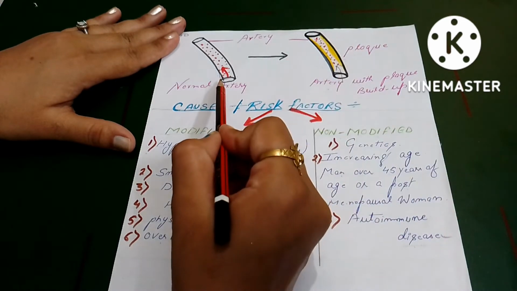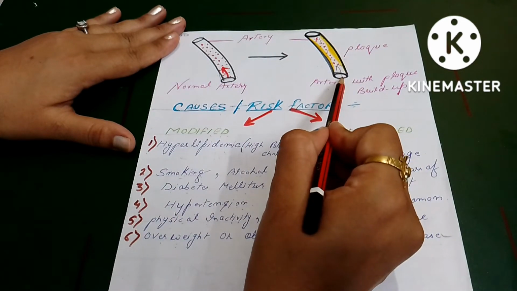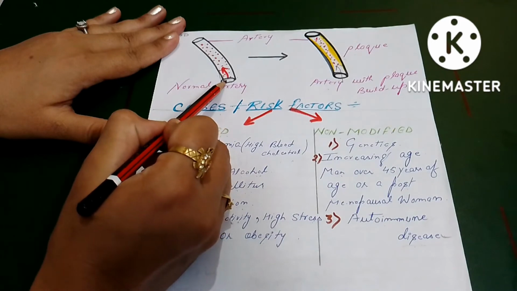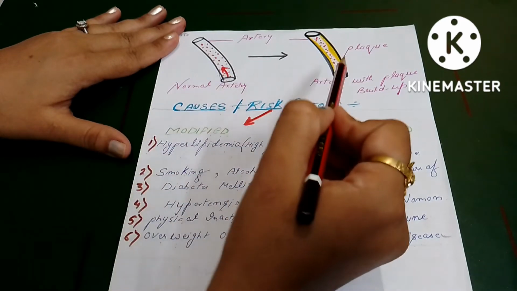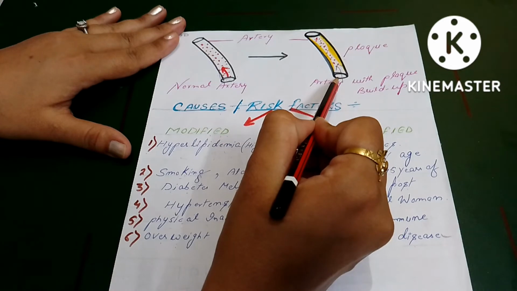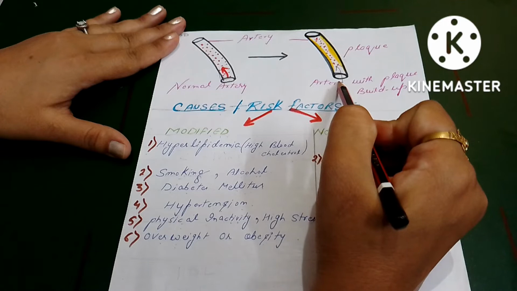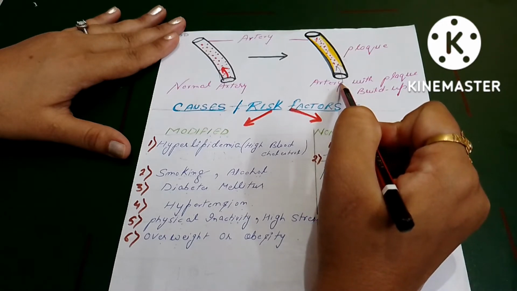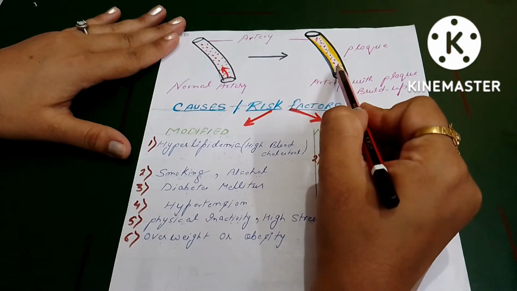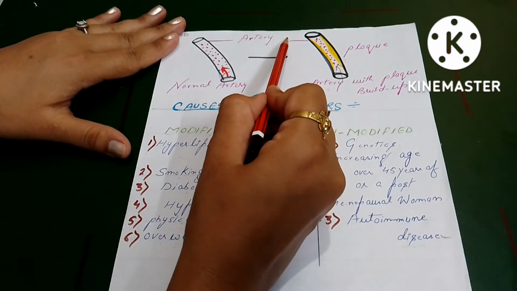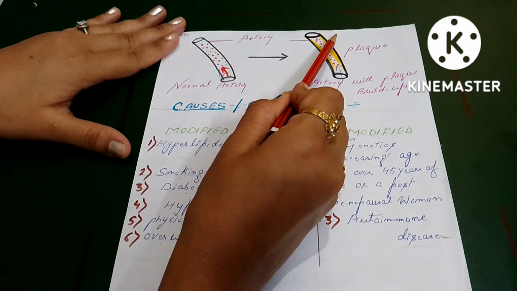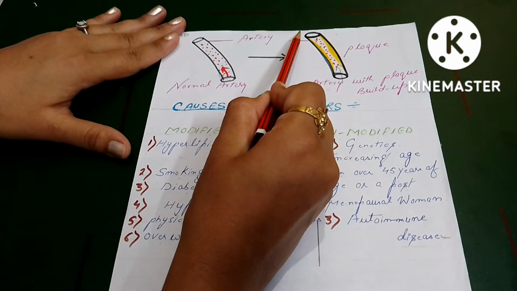Similarly in our heart, in our coronary artery, the blood flows smoothly in this artery, and in this artery, due to the buildup of fatty substance, due to the buildup of plaque, the blood will face resistance and it will create increasing pressure in our blood supply, and less blood will reach our cells and tissue, and our myocardial cells and tissue will die. Necrosis will happen, and there are chances of heart attack.